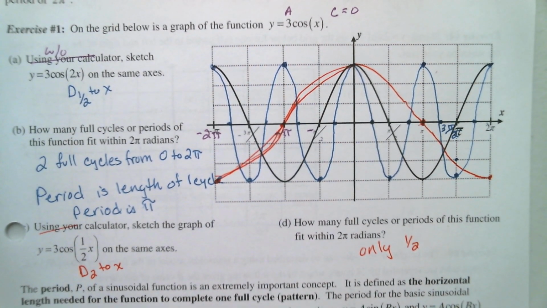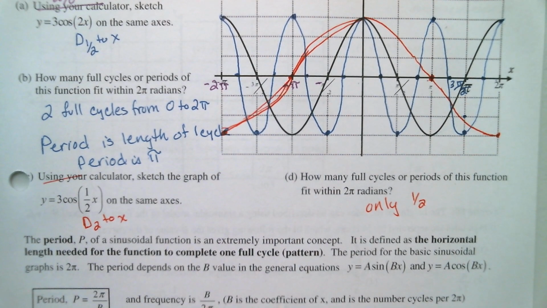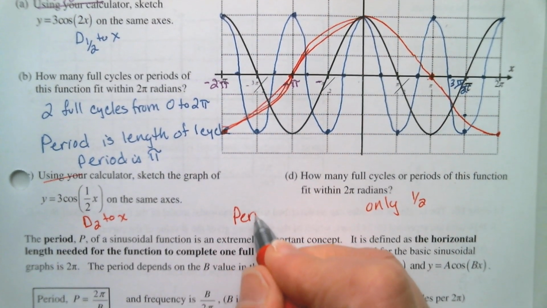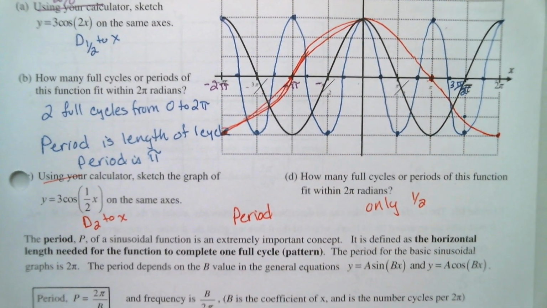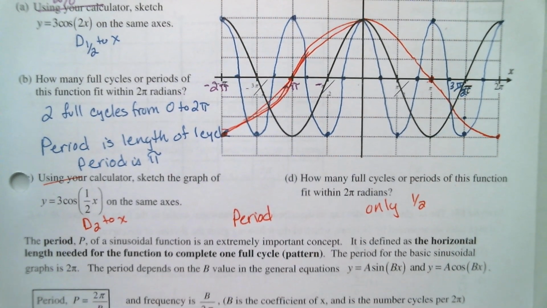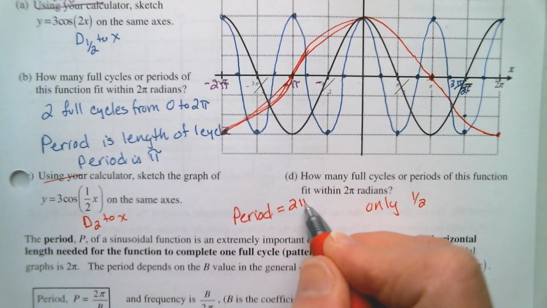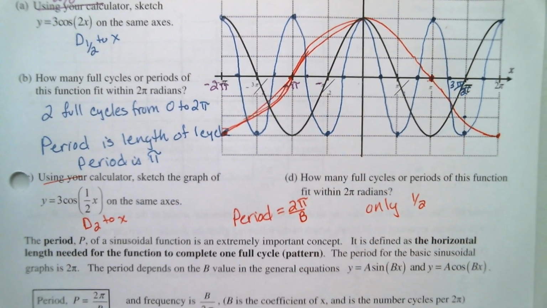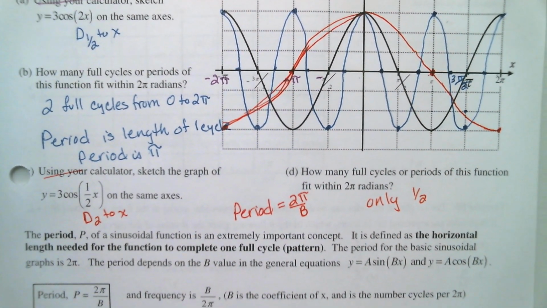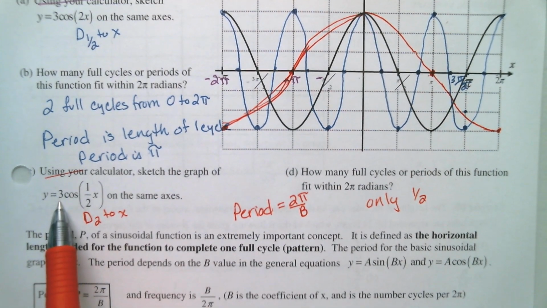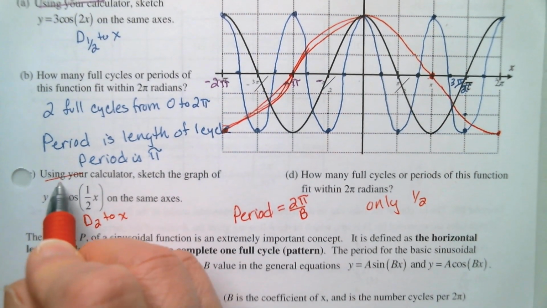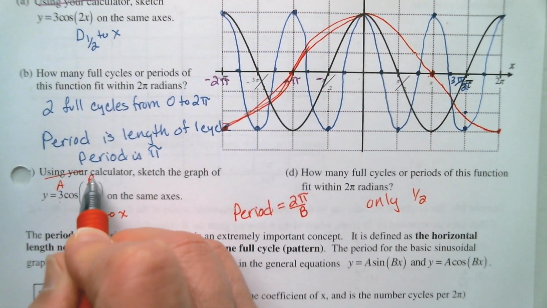Well, what is the period? We have this formula here. The period is equal to 2 pi over b. And in this case, a is 3. What's in front of x is b.